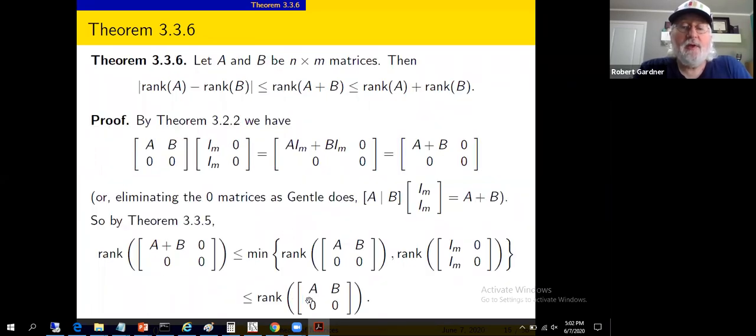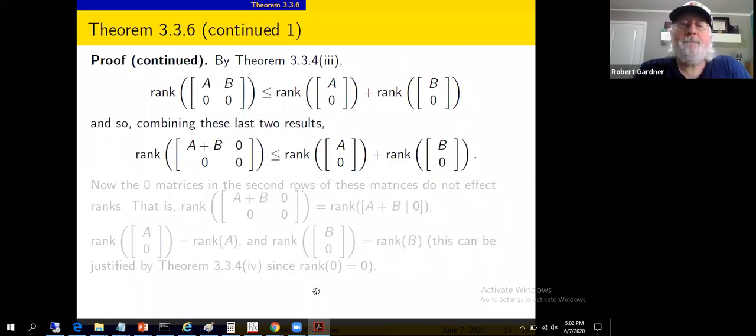Here we're taking the rank of a partitioned matrix. We previously said that it'll give us the rank of the first part and the rank of the second part. We picked up an additional inequality in that, if memory serves.